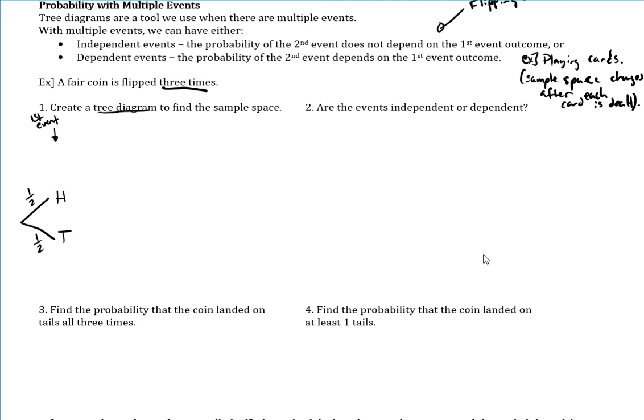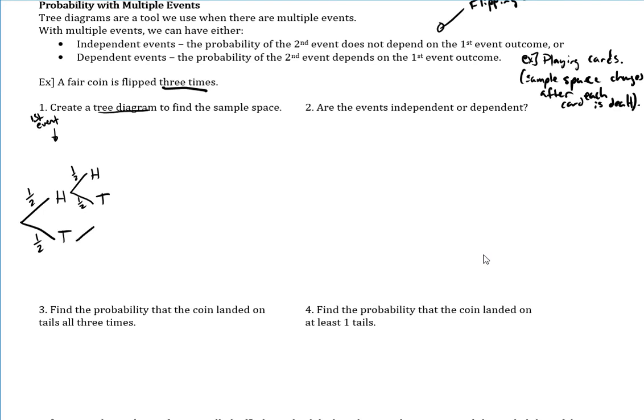And then we continue with the tree diagram. Now we look at the second event. It's still flipping a coin, so we flip the coin again. Pretend we landed on heads the first time. If we flip the coin, there are still 2 outcomes that could occur, and there's still 1/2 and 1/2 as their probabilities. And then what if we landed on tails the first time?